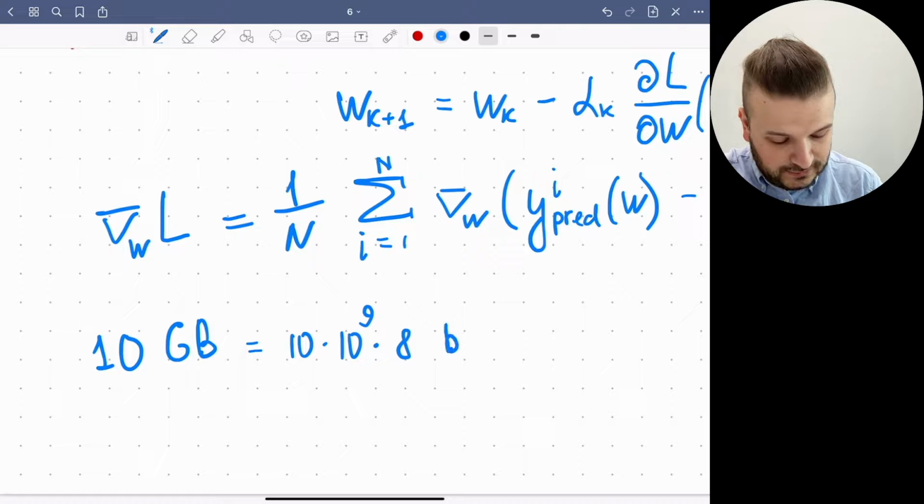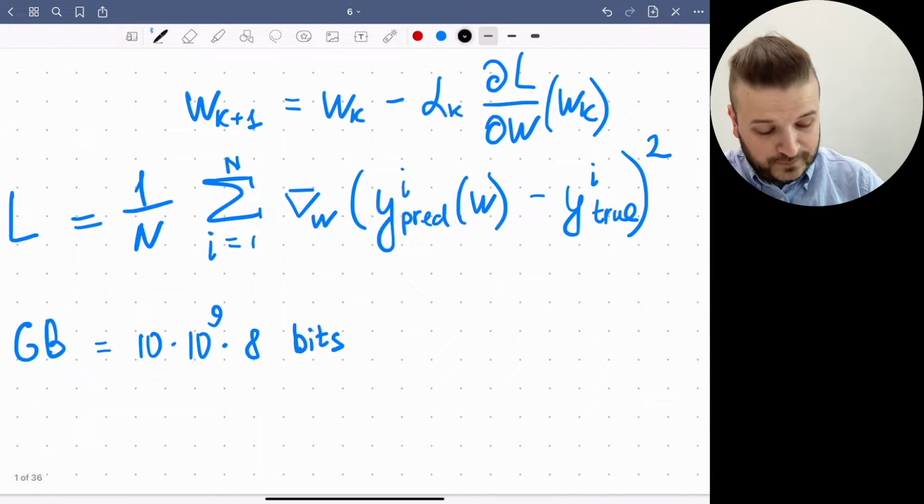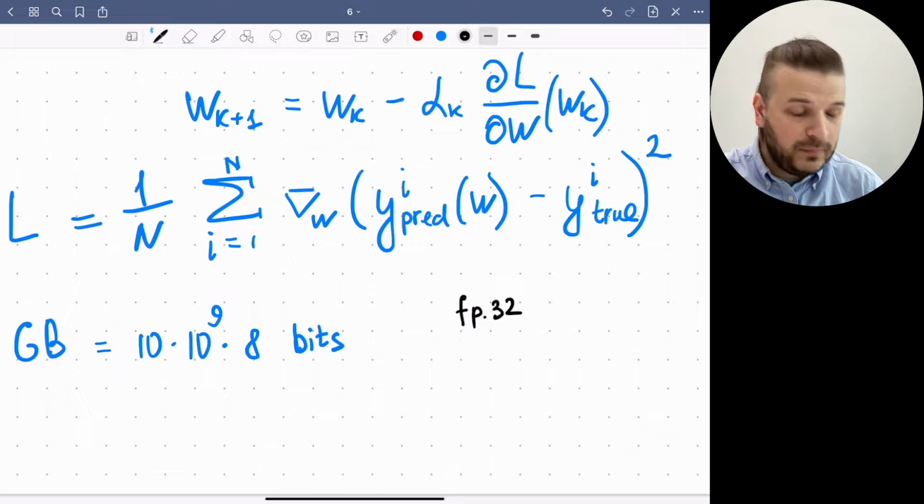And also each byte stands for 8 bits, which means that we have something like this in bits. And we know that, for example, an ordinary floating point number will require 32 bits for storing one point in this format.